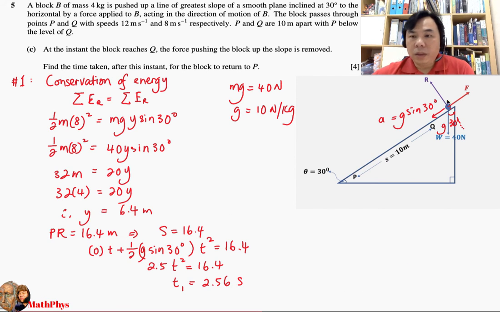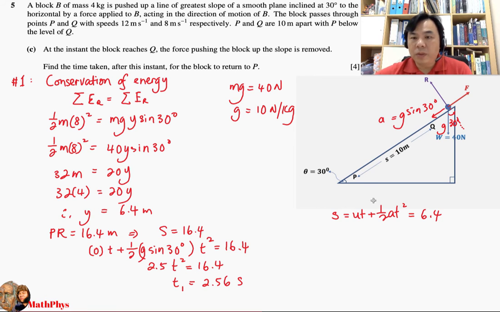I need to work out the second part. All right. Now the second part is I need to work out how much time it takes for the block to actually move from Q to here before it stops moving. All right. Now I'm going to use the same SUVAT equations, which is s equal to ut plus half at squared. All right. Now I have already found the distance there, which is actually 6.4.